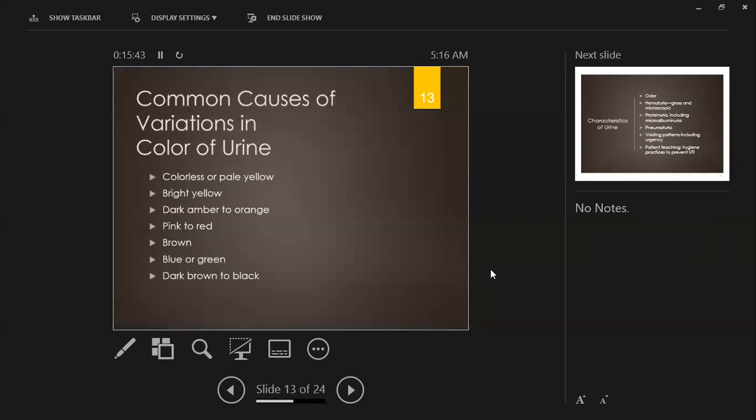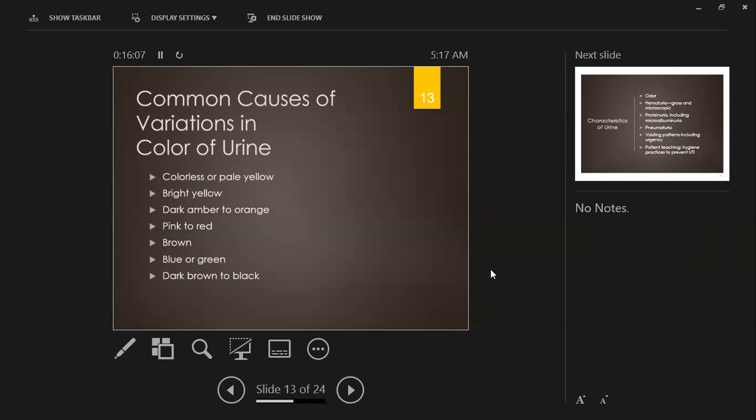We're going to talk more about these types of medications in lecture. You could come prepared to lecture by really looking in your textbook about which kinds of medications would cause changes in the urine color. Pink to red, there are some medications that cause pink to red urine, but more often this is hematuria, or seeing blood in the urine.